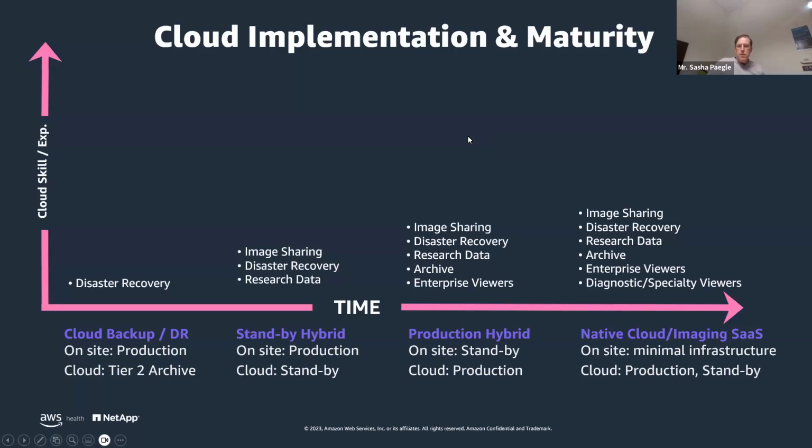To actually implement those solutions, one way to look at it is first from what sort of use case you are comfortable with. What's maybe the easiest way to step into the cloud? Disaster recovery is oftentimes a first place to start for many organizations.